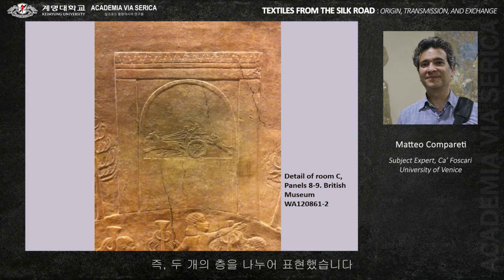So the representation is divided on 2 levels. We have an upper level with hunt and a lower level with something that is not represented, or it was probably painted, or some stucco was there. In any case, here it's completely empty.